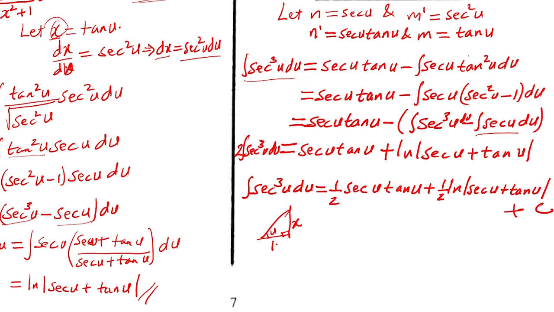Opposite over adjacent. So what's the hypotenuse? The square root of 1 plus x square. Now you have to find and substitute all this, sec u and tan u, from this right angle triangle and you'll get the answer in terms of x. Your answer should be finally in terms of x.